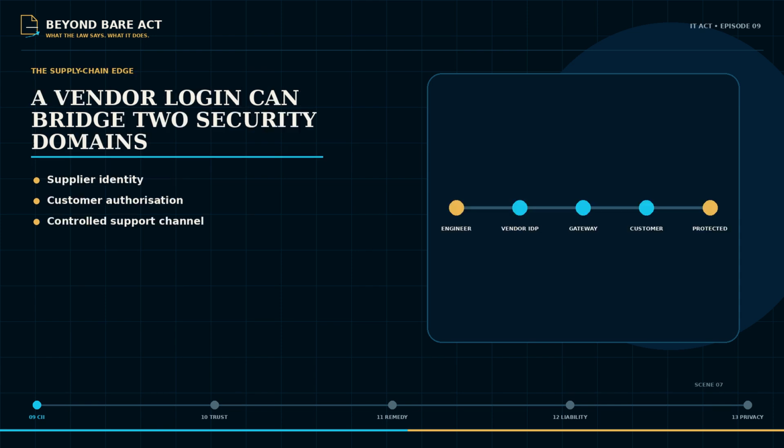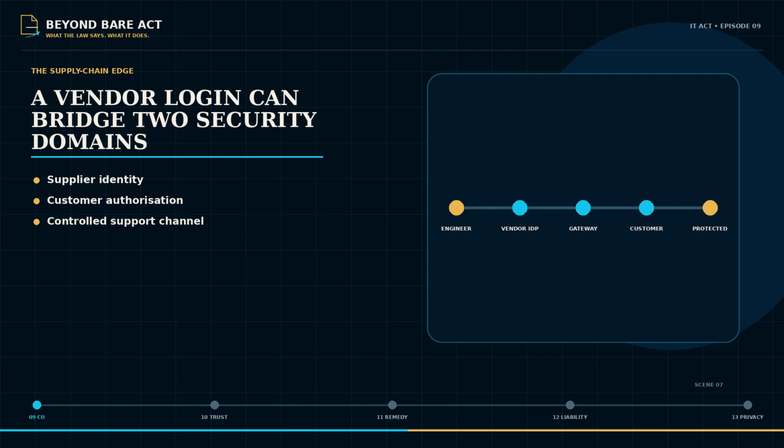Remote support is where operational convenience can collide with protected system discipline. A supplier engineer may authenticate through the supplier's identity platform, cross a customer gateway, and reach a resource governed by the customer's statutory and security controls. Each step answers a different question. The supplier confirms who the worker is.